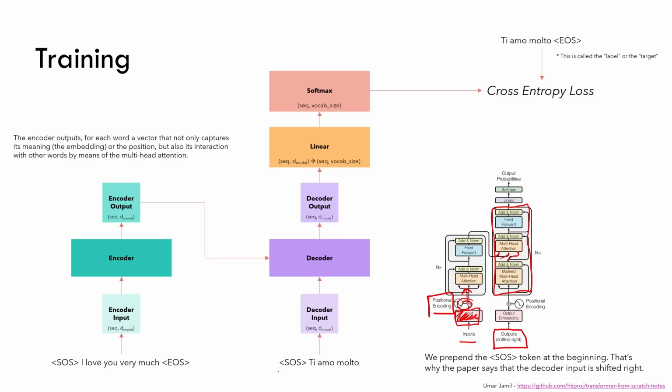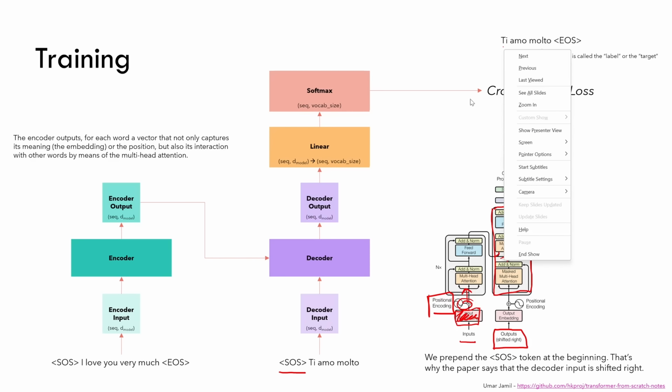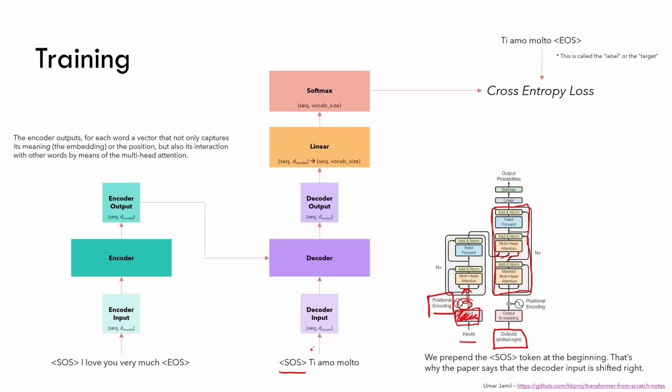So when our model sees the start of sentence token, it will output the first token, ti. When it sees ti, it will output amo. When it sees amo, it will output molto, and when it sees molto, it will output end of sentence, which will indicate that the translation is done. And we will see this mechanism in the inference.